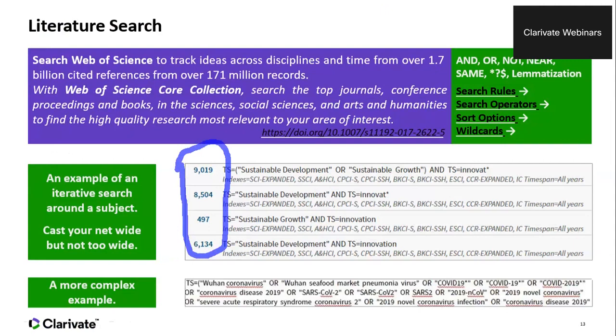So the first thing in a literature search is to make sure you cast your net wide. Use synonyms. Use broader concepts.